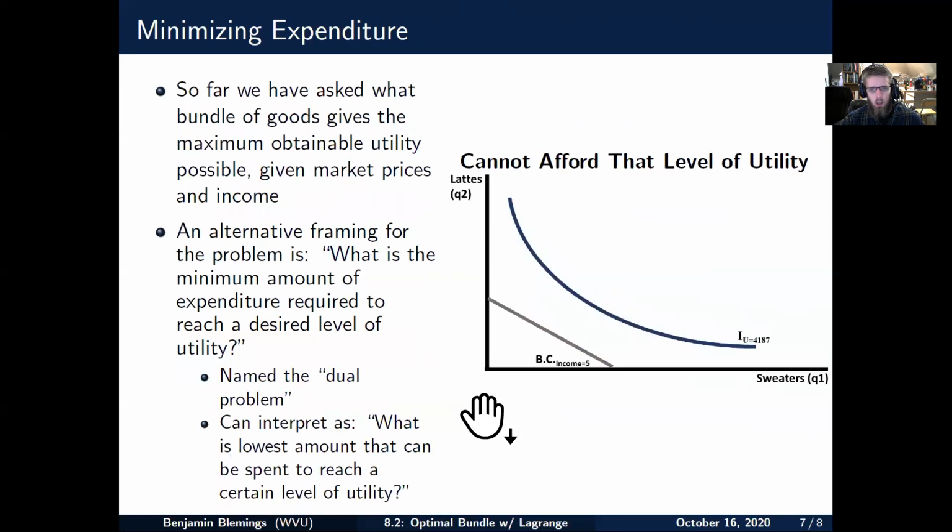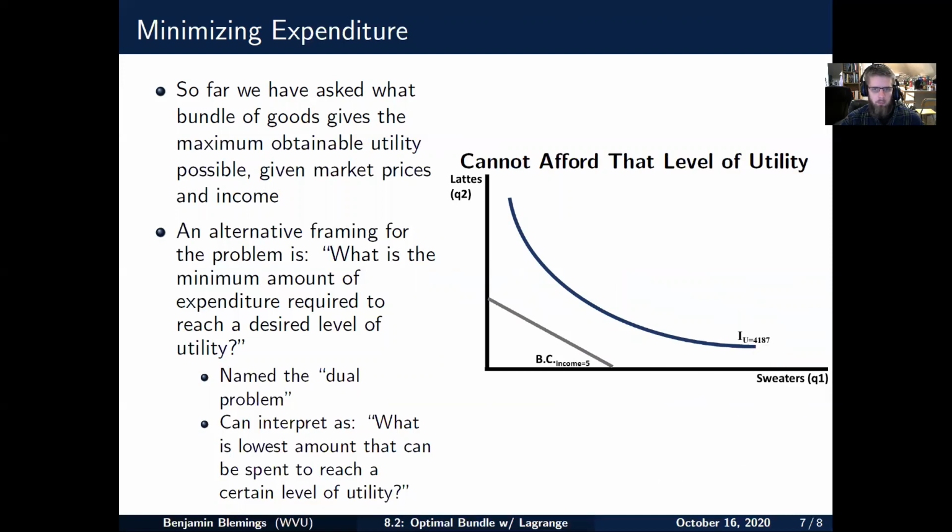And so we say, well, with a budget constraint where our income is equal to 5, this is our budget constraint, and we can see that the utility we get to is neither inside nor touching the budget constraint, and so the bundles of goods that give this level of utility are unaffordable, and we say I'm not spending enough at income equals 5 to be able to reach a target utility level of 4,187.